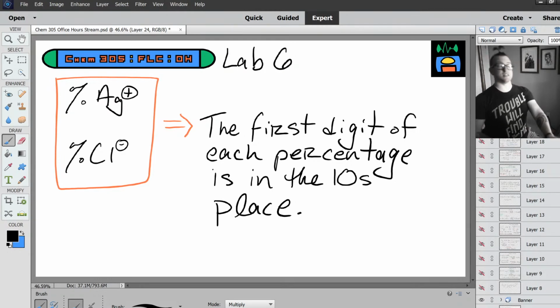So if you're getting a crazy small number, or a crazy huge number, you definitely have made a mistake somewhere. The first digit of both of these percentages is in the tens place. So here's the deal. What that means is that you've messed up somewhere in your calculations.